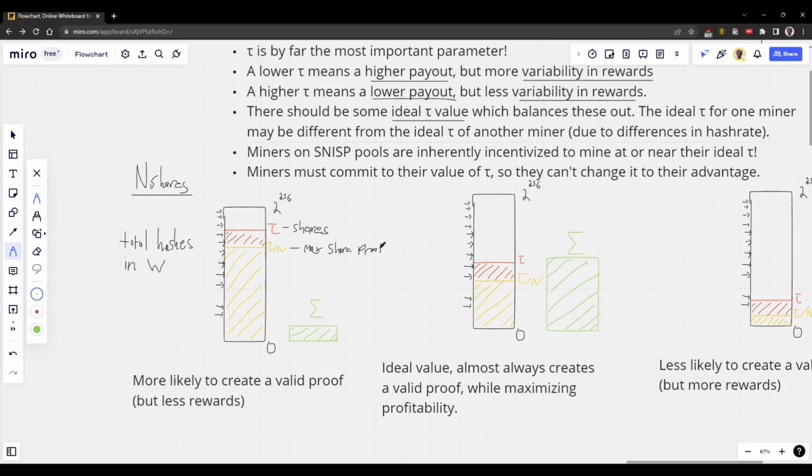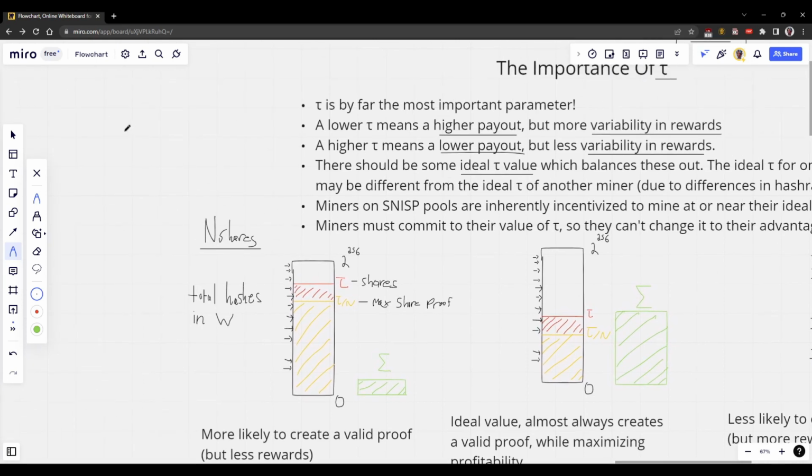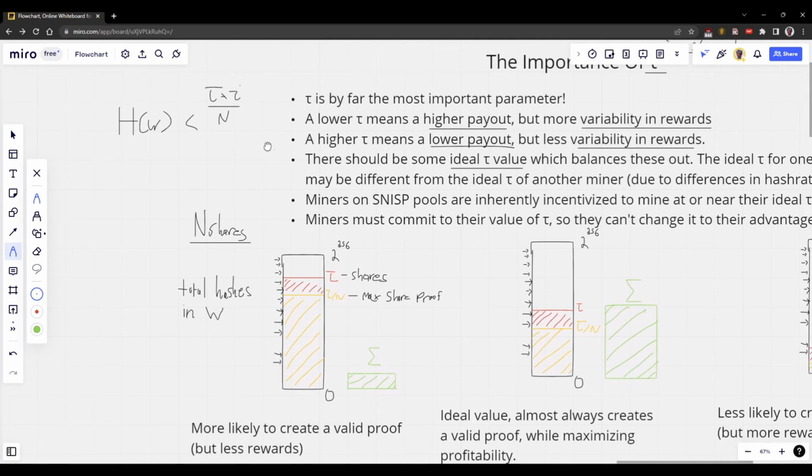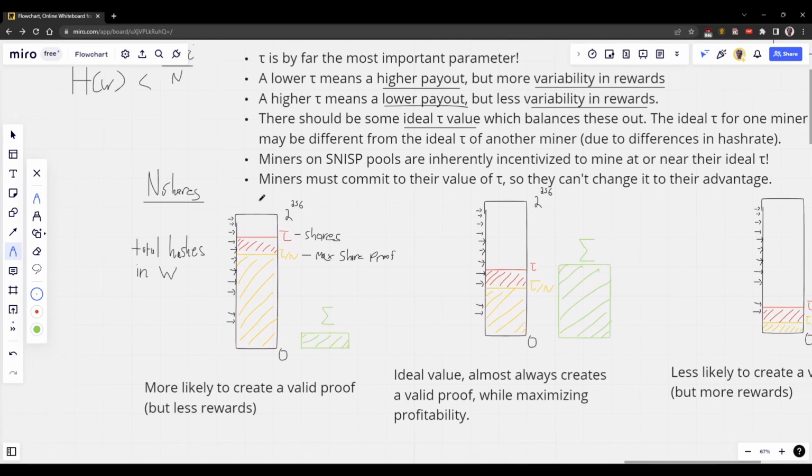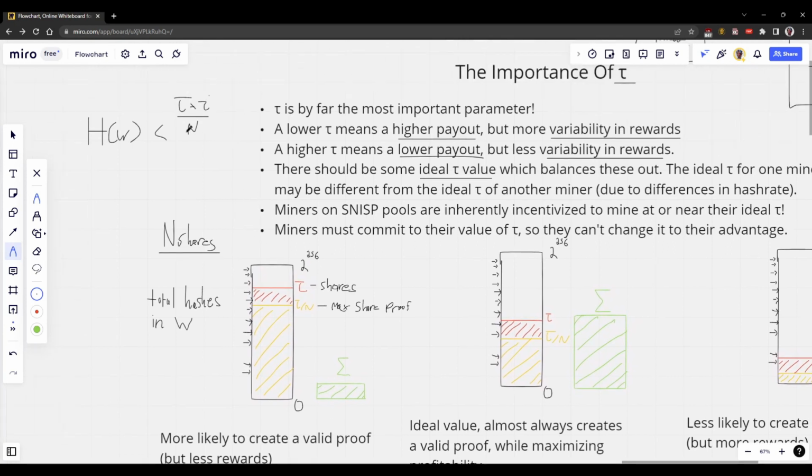Now what does that mean exactly? If you remember, the inequality we set for our SNISPs is going to be h of w is less than TAW times I divided by n. So because of that, if I is 1, that means h of w simply needs to be TAW divided by n.